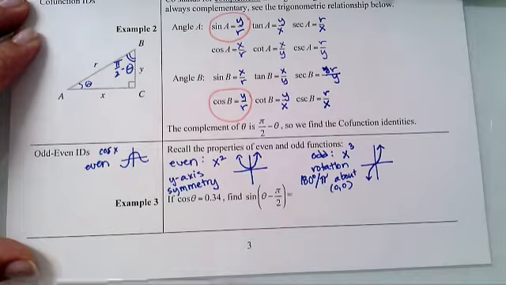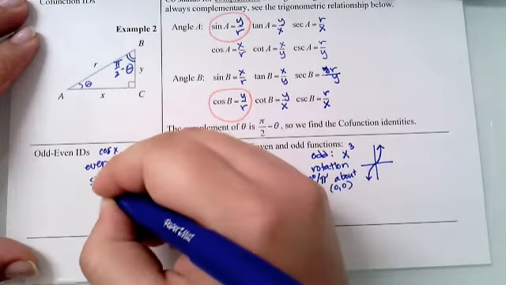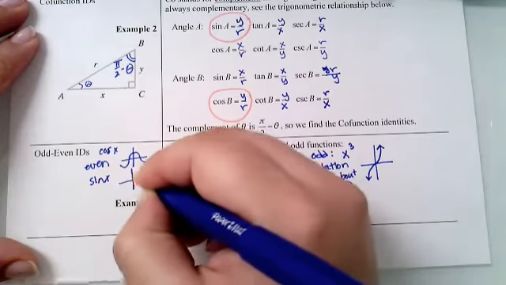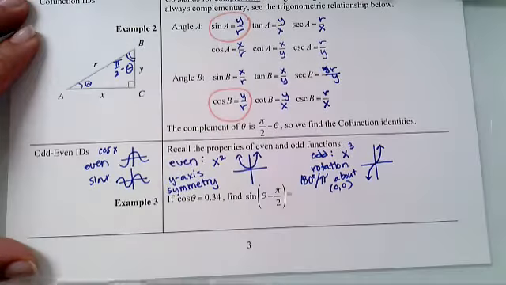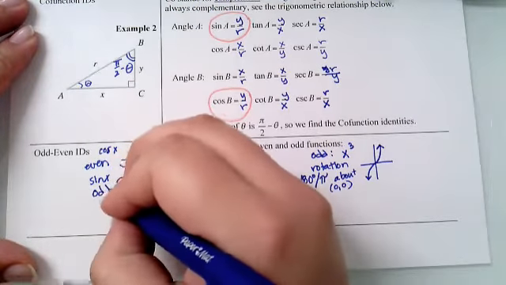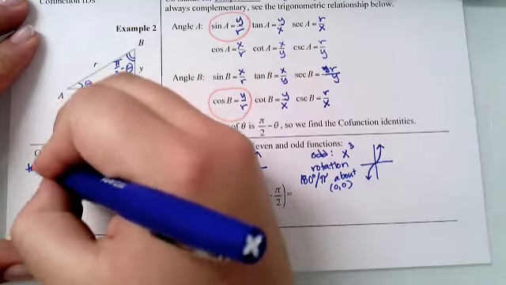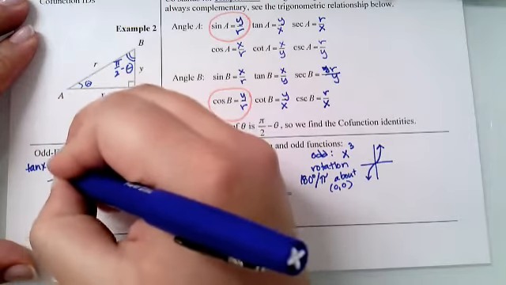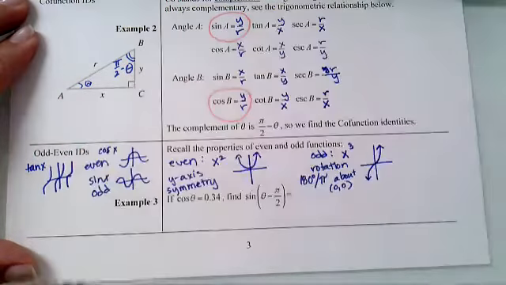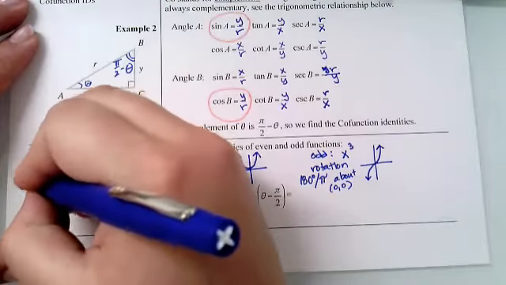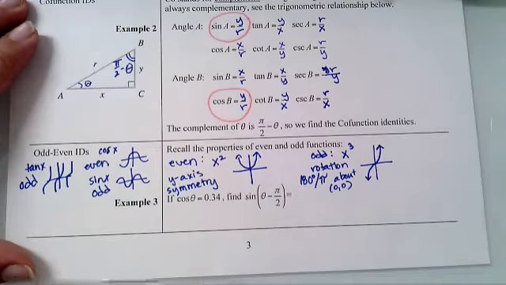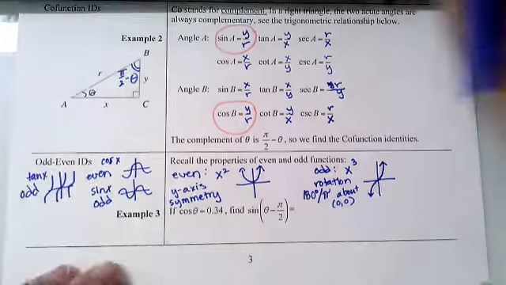Sine looks like this. What type of symmetry does that have? Sine is odd. And tangent looks like this. What type of symmetry does that have? Tangent is odd. The function and its reciprocal have the same symmetry.